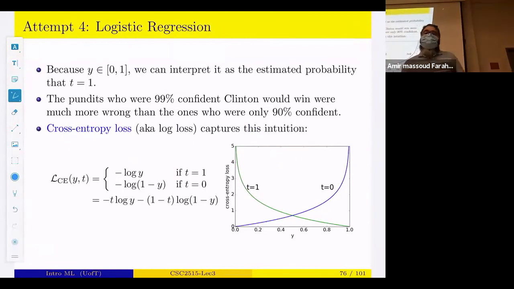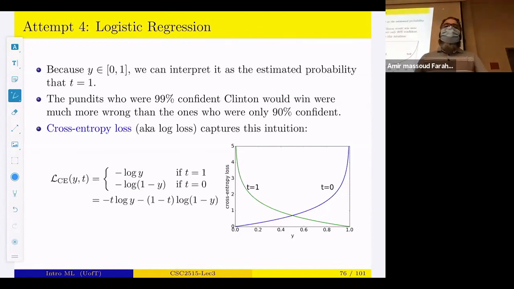Okay, so this is another attempt, which we call logistic regression. That's a kind of strange name because it doesn't have much to do with regression. But this other attempt is that we define a new loss function. We use the same logistic model or activation function for squishing the values of our prediction between 0 and 1, but then we interpret our prediction as a probability.